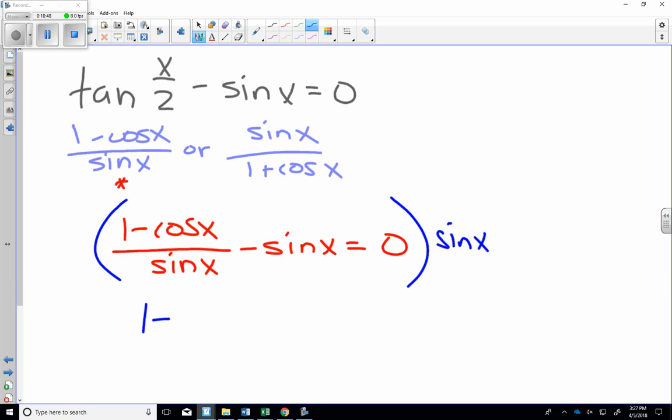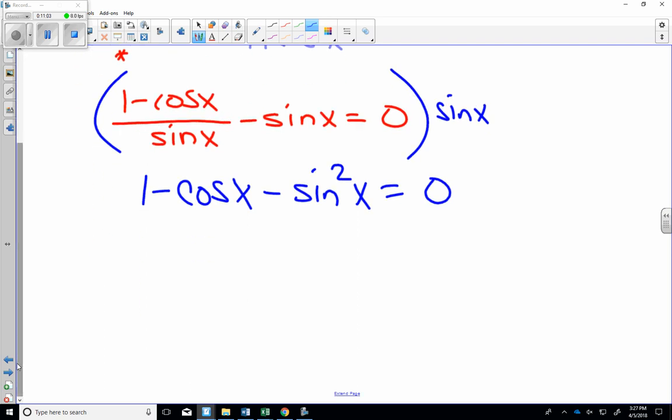This would turn into 1 minus cosine of x, and then minus sine squared of x equals 0. Now by your Pythagorean identity, if we switch the order, we'd get a negative cosine of x, and then plus 1 minus sine squared of x equals 0.